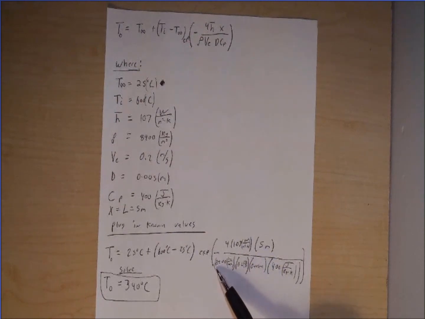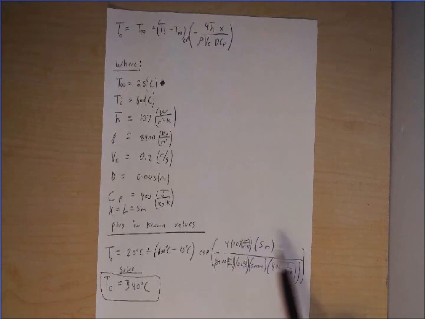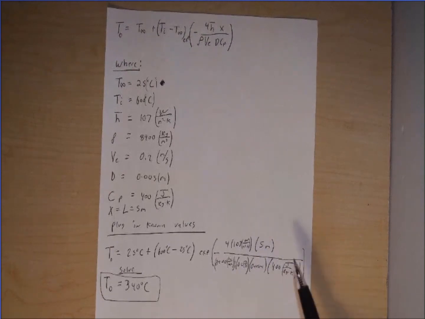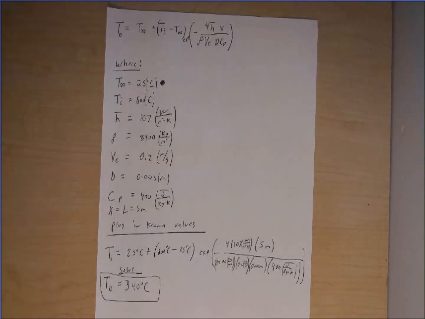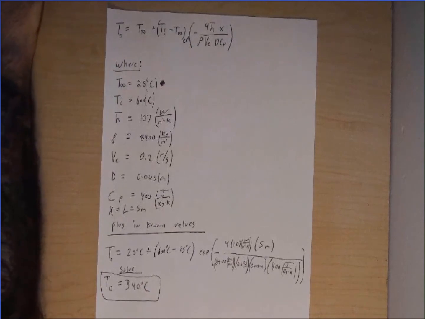Then we have our density down here, 8,900 kilograms per meter cubed, times 0.2 meters per second, times our diameter of 0.005 meters, times our specific heat of 400 joules per kilogram per Kelvin. Do out our unit analysis, make sure this works, and we are left with a temperature in degrees Celsius when we plug this in. So T sub o is equal to 340 degrees Celsius.